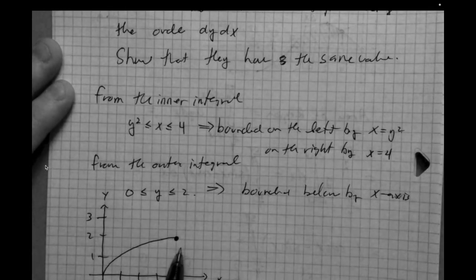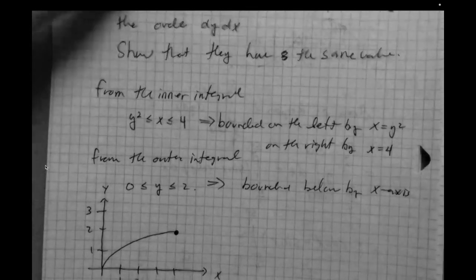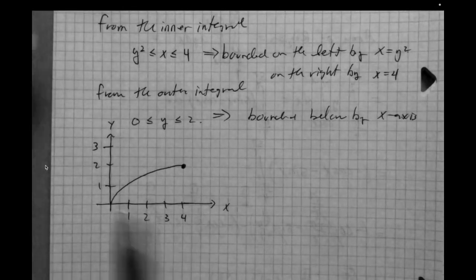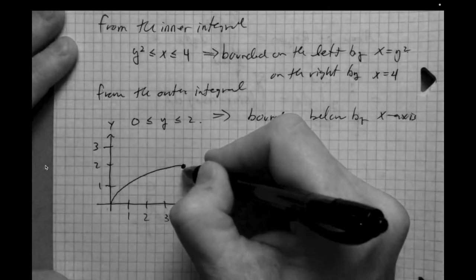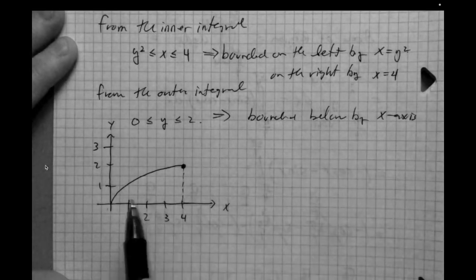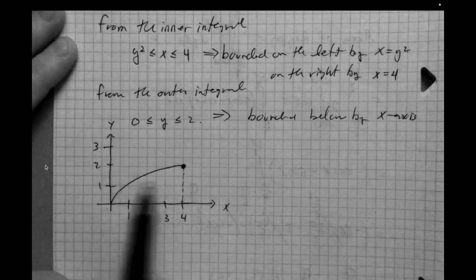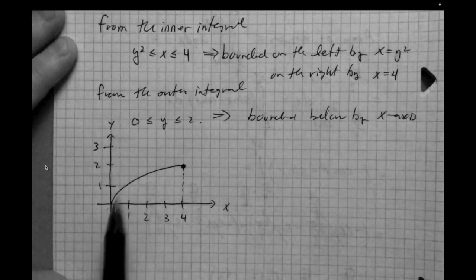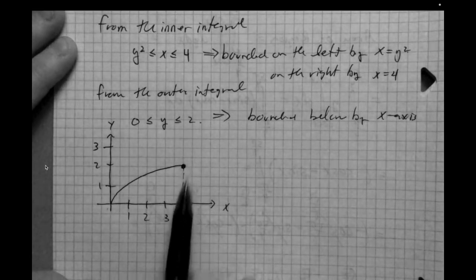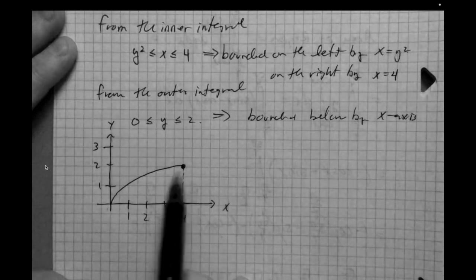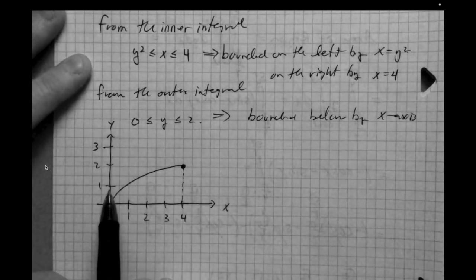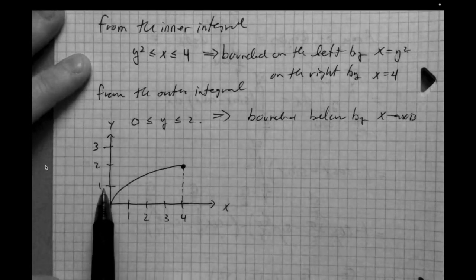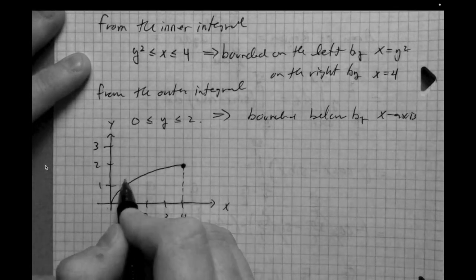x equals y squared means x is a function of y. So the parabola would be kind of turned 90 degrees, right? And so you'd also have this piece here. And so x is between y squared, which is this curve, and x equals 4. So your delta y's would run like this, wouldn't they?